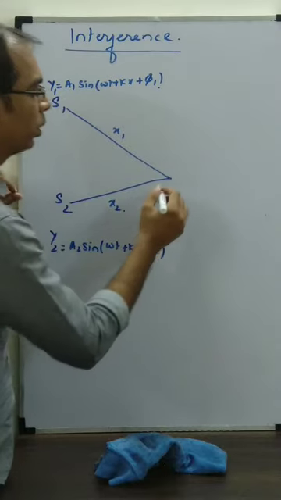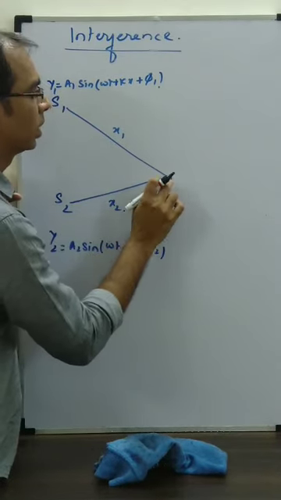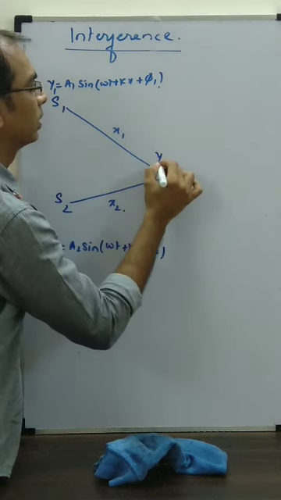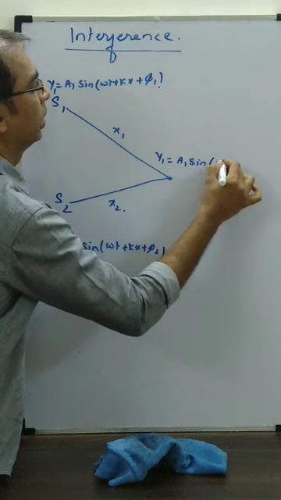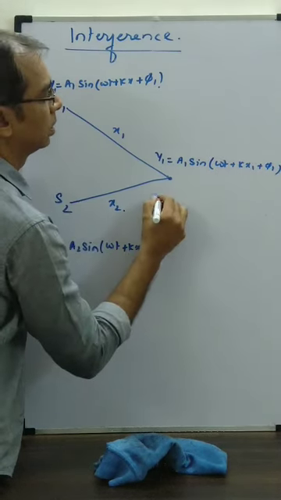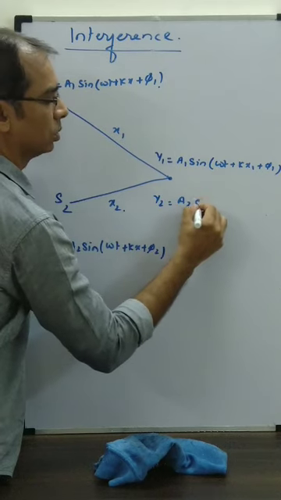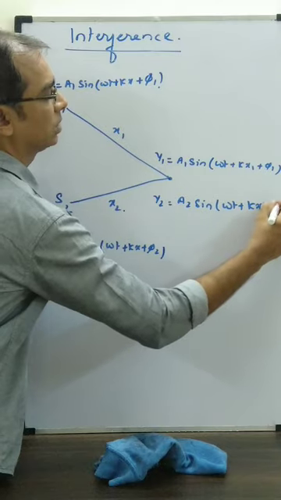But when we write over here, the disturbance because of this one gives simple harmonic motion like y1 equal to a1 sine(omega t plus kx1 plus phi1), and this one y2 equal to a2 sine(omega t plus kx2 plus phi2).